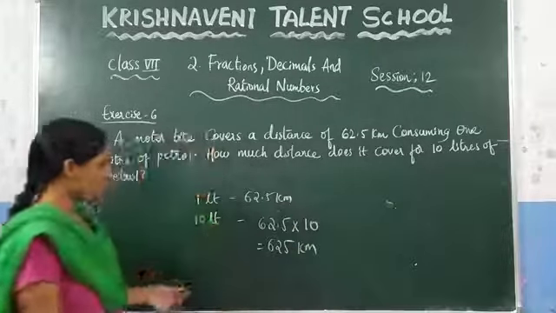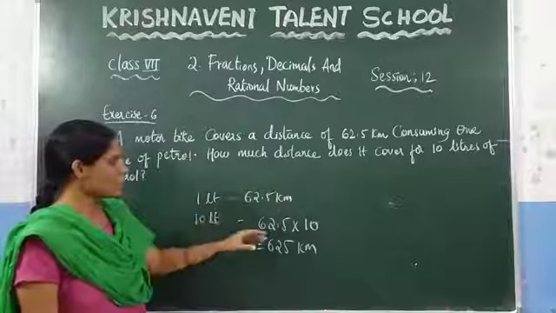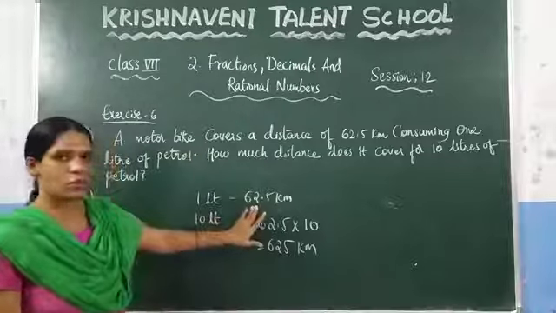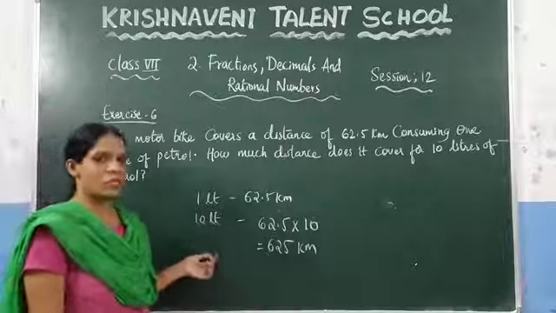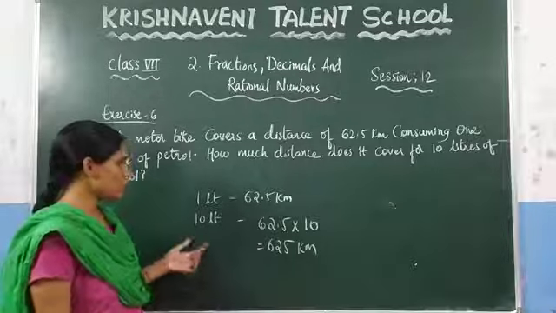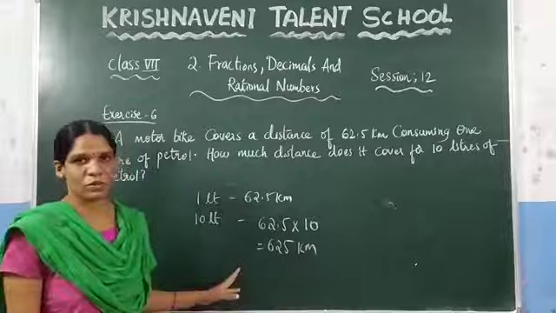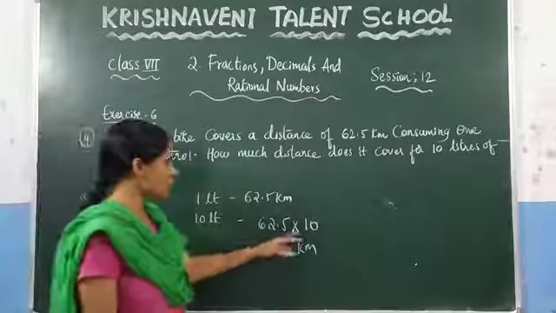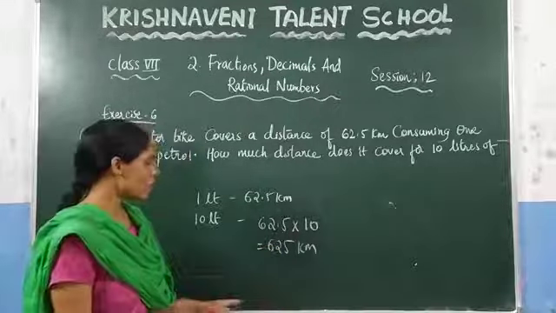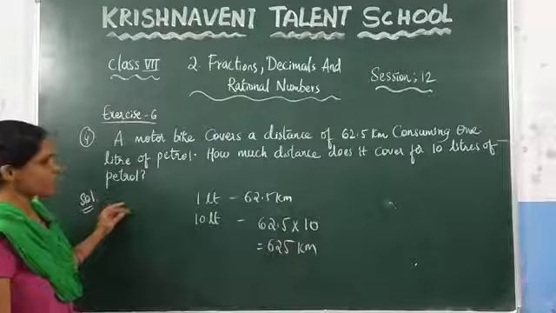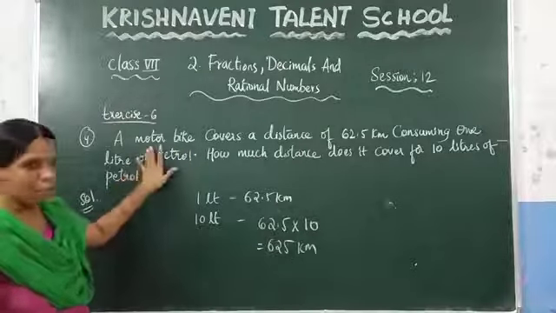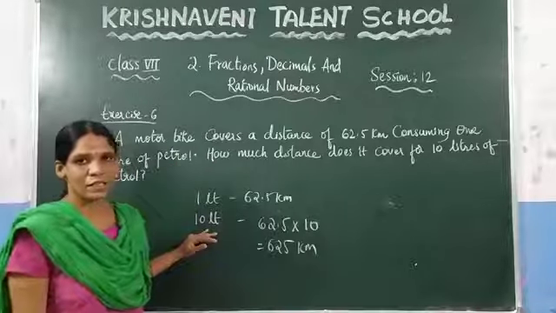So with 1 liter of petrol, the motorbike is traveling a distance of 62.5 kilometers, and in the question they asked, with 10 liters of petrol, how much distance the motorbike has to travel. For that, you just need to multiply these two values, so that we are getting 625 kilometers as the distance traveled by the motorbike using 10 liters of petrol.